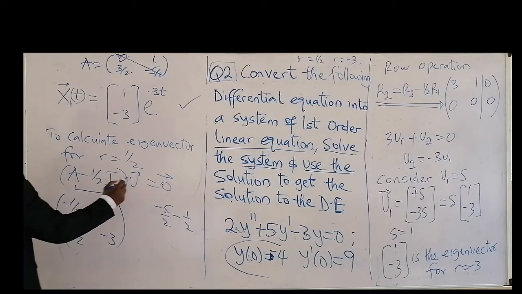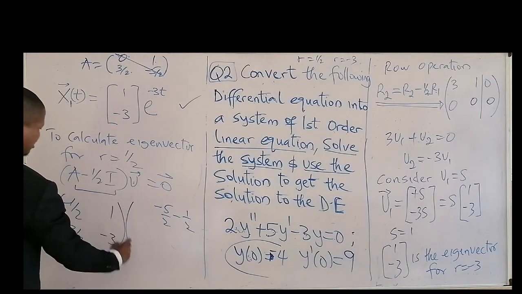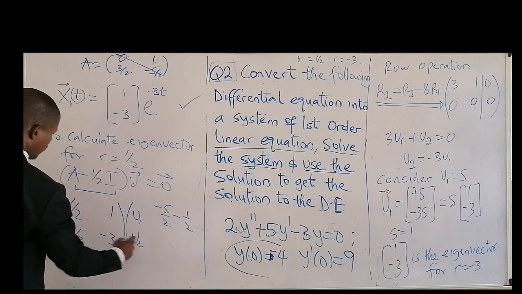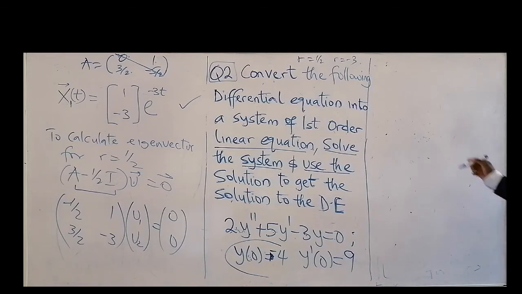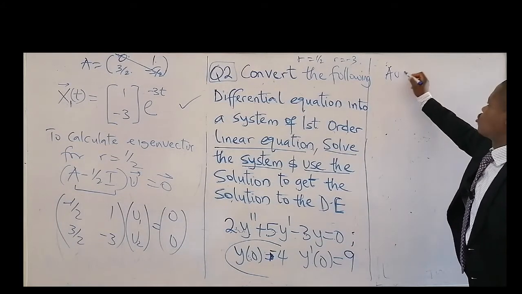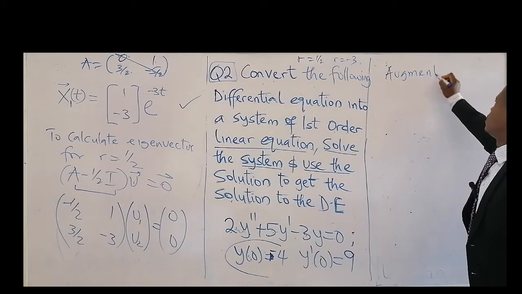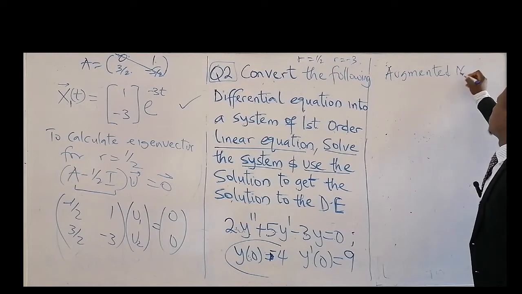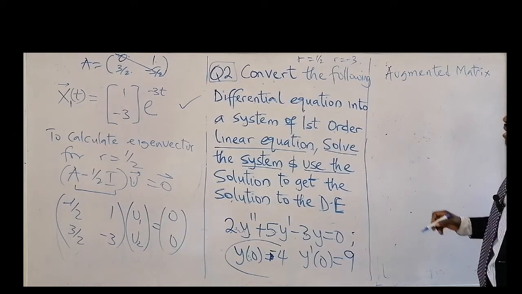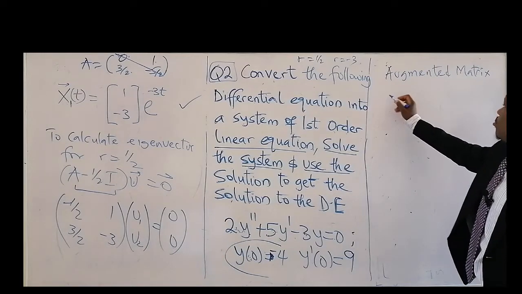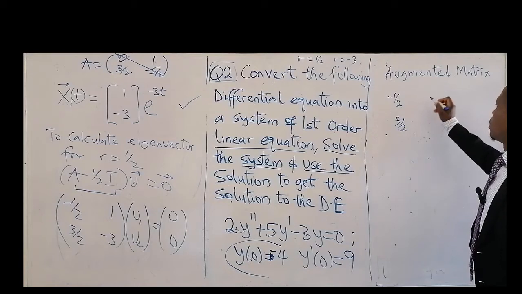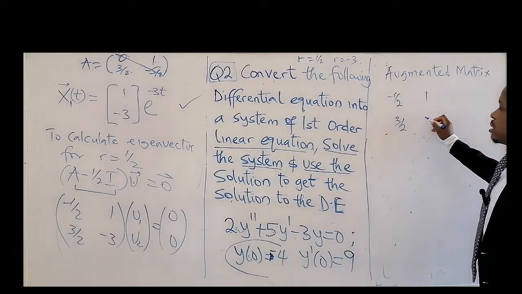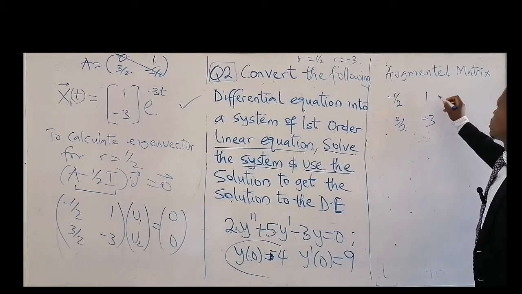Okay? Then the components of this one are u1, u2 equal to this one. Then the augmented matrix: we have minus half, 3 over 2, 1, minus 3.